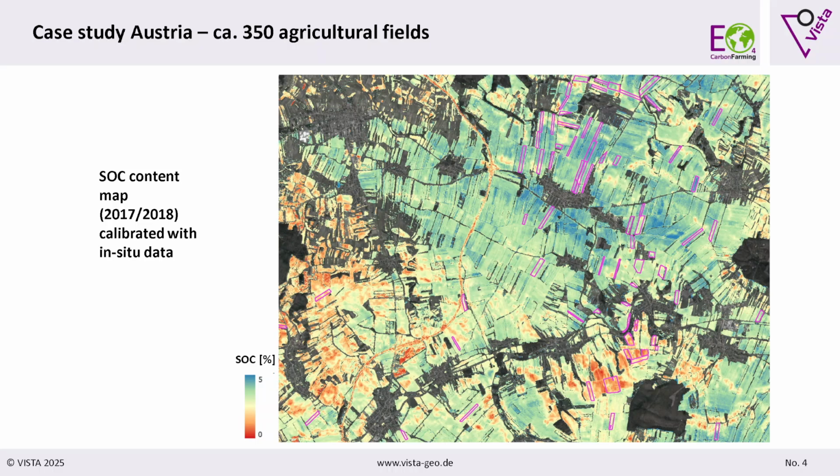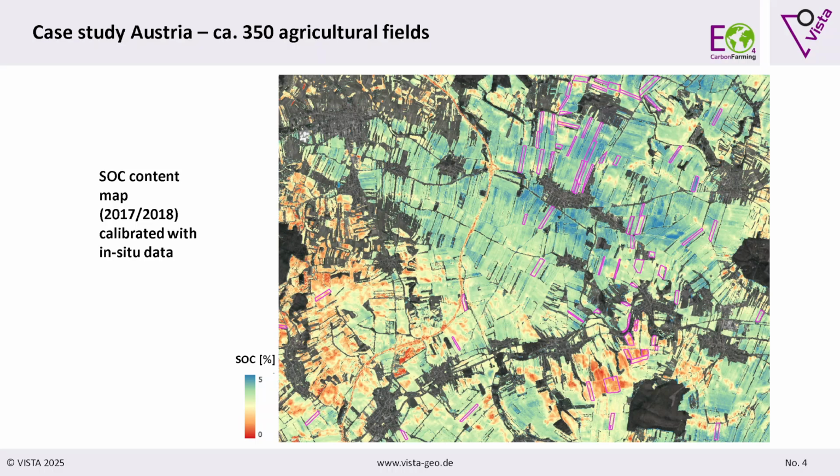As a first success story of the project, we performed a case study in Austria where we researched around 350 agricultural fields. You can see those on the map surrounded with the purple boundaries, and the map also shows the soil organic carbon content in the region, which we calculated for those fields but also for the entire region.